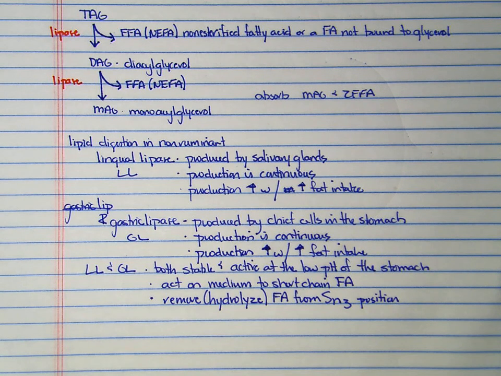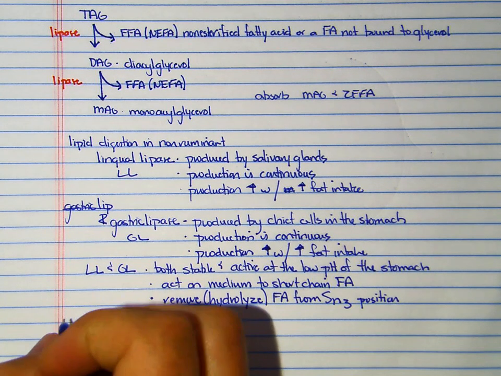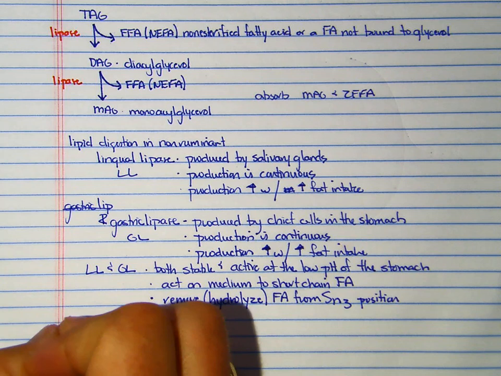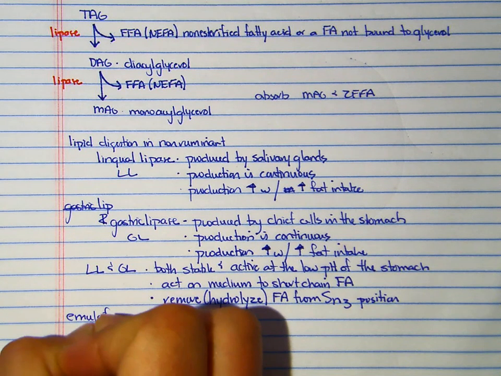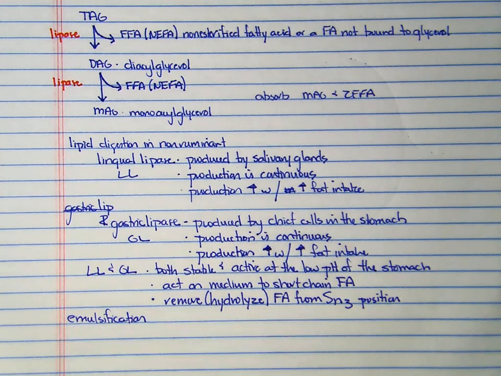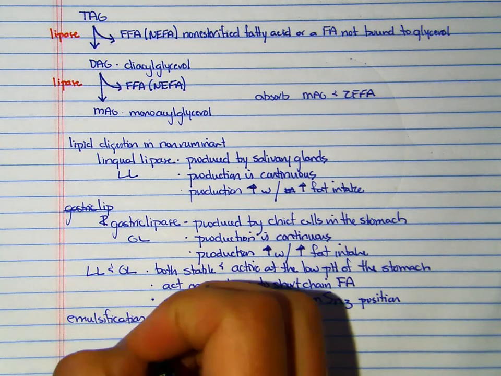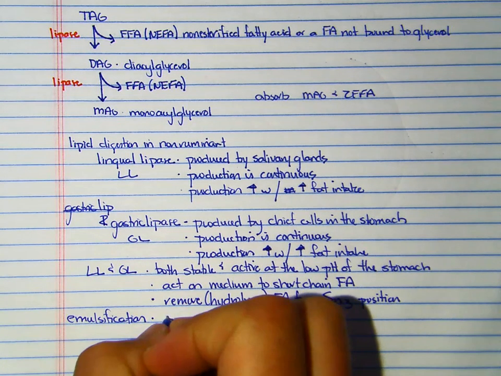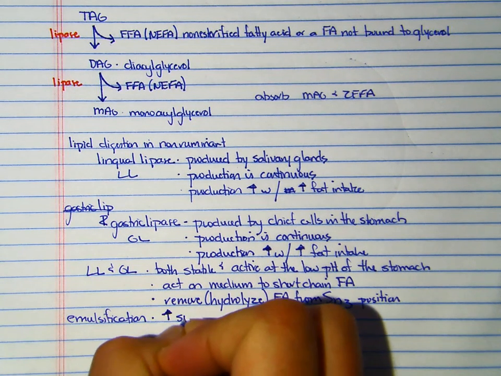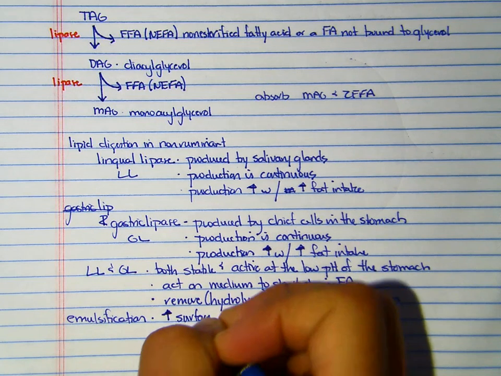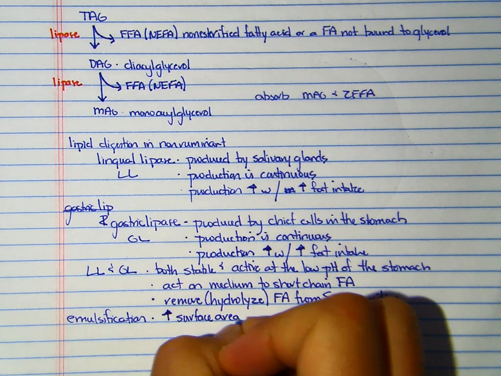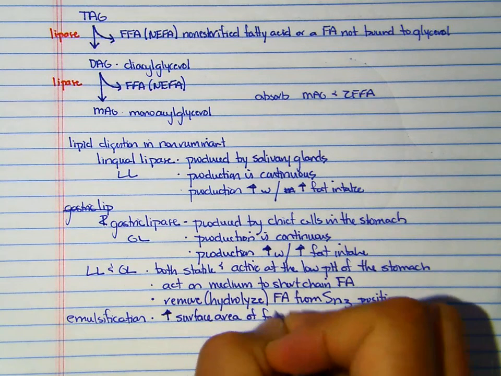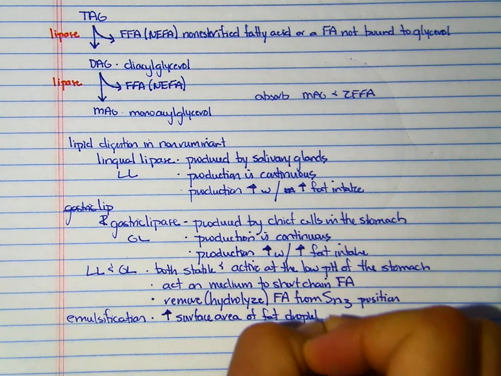What we have next is emulsification. And so basically we need to define emulsification, and with emulsification what we're trying to do is increase the surface area of fat droplets.